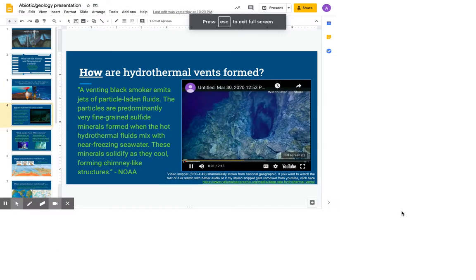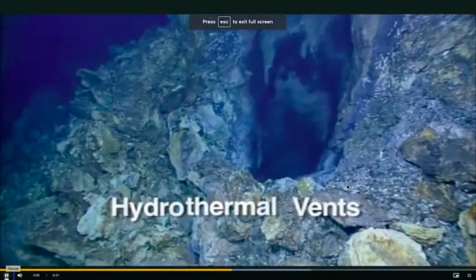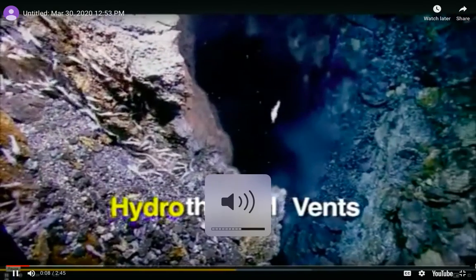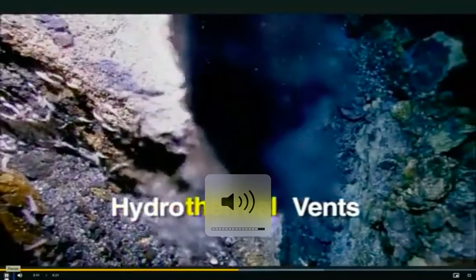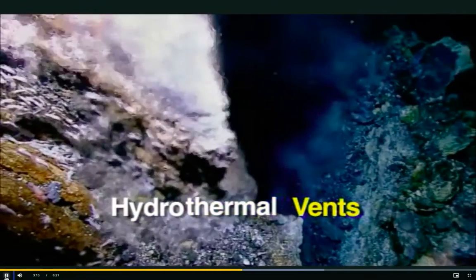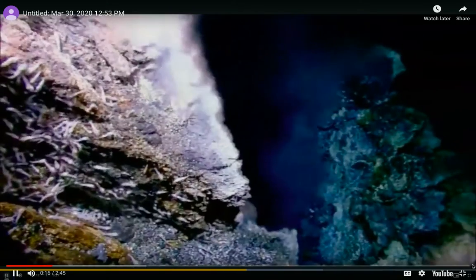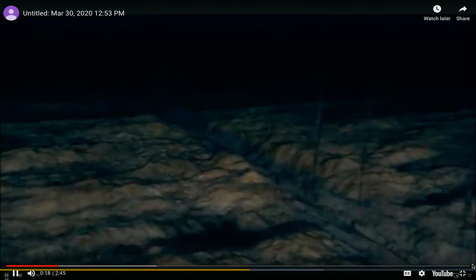The structures came to be known as hydrothermal vents for the superheated water they emit. Hydro, meaning water, thermal, referring to temperature, and vent, indicating the release of matter. Along volcanically active areas such as the mid-ocean ridge, water seeps into the Earth's crust through cracks and fissures and becomes superheated by hot magma within the Earth's layers.